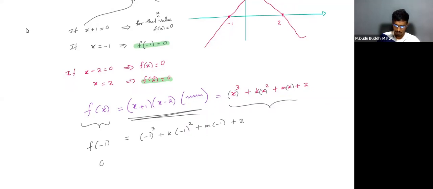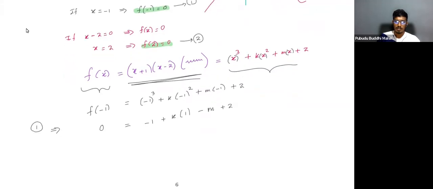So I can replace this by 0 because I found that previously, since x plus 1 is a factor. Then simplify. Minus 1 times minus 1 times minus 1, that is minus 1. Here plus 1. Plus m into minus 1, that is minus m plus 2, right?